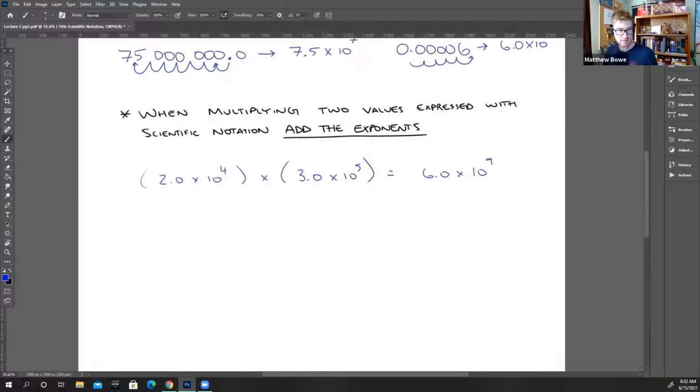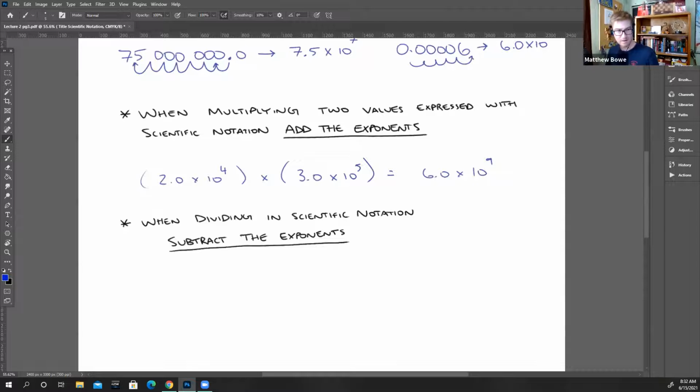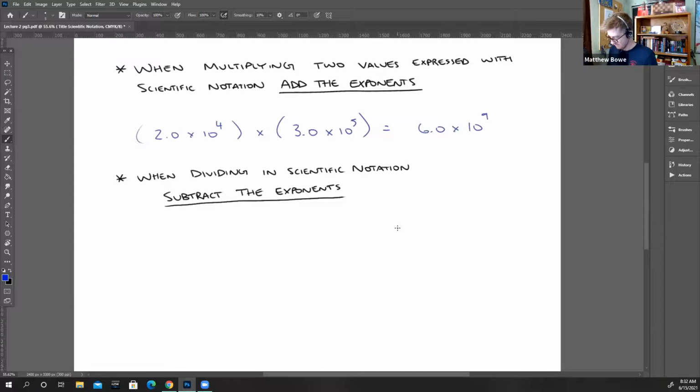All right, next up is division. Same basic thing. Instead of writing it all out, we can just subtract the exponent values. So let's say we have 16.0 times 10 to the fourth power, and that's divided by 2.0 times 10 to the third power.